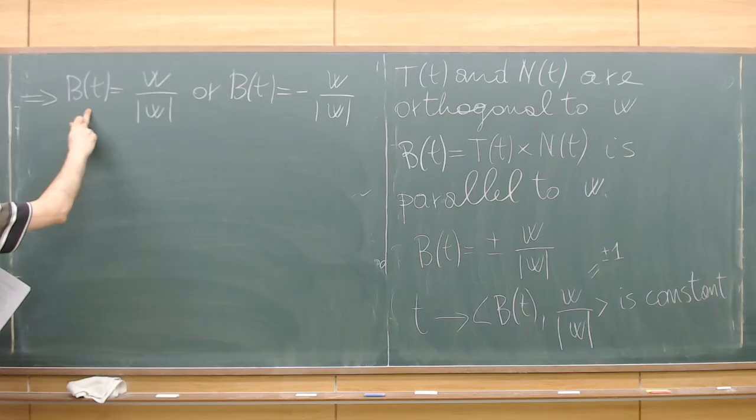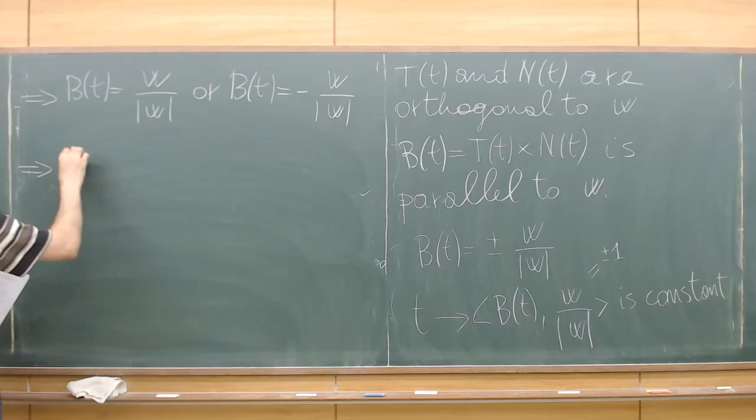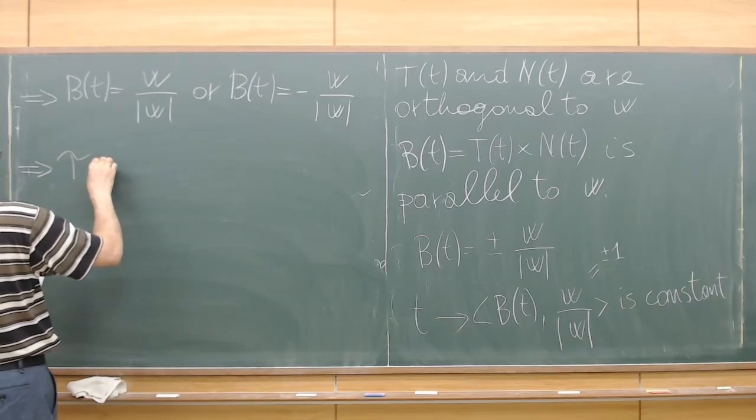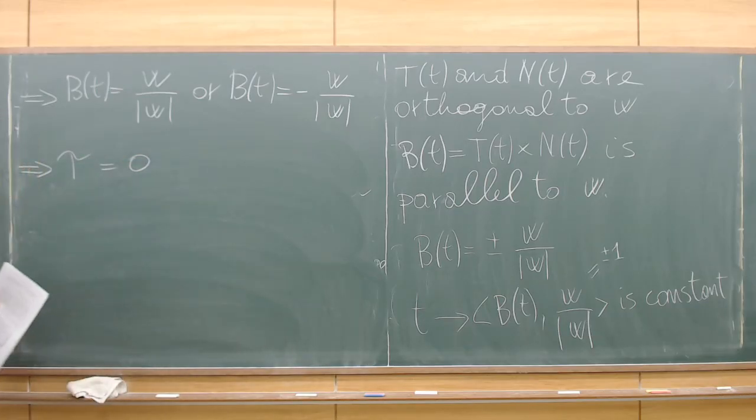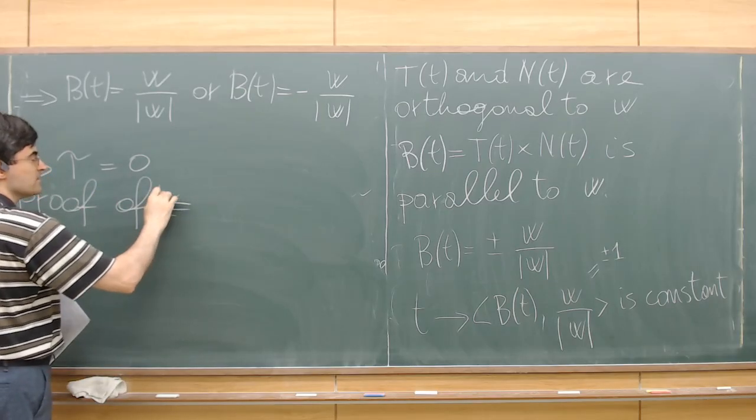So in both cases, B(t) is a constant vector, which implies tau equals 0. Now we have to prove the other direction.